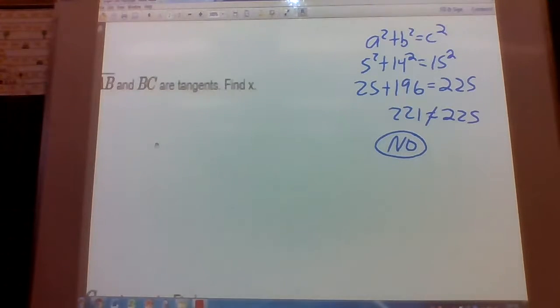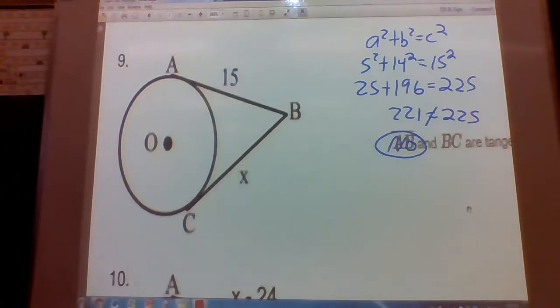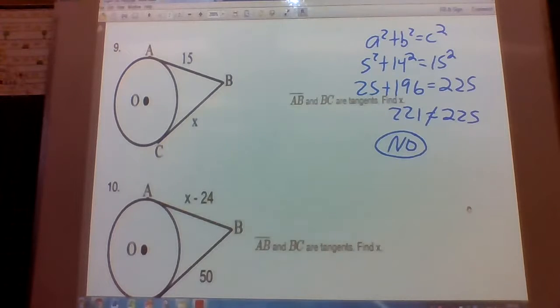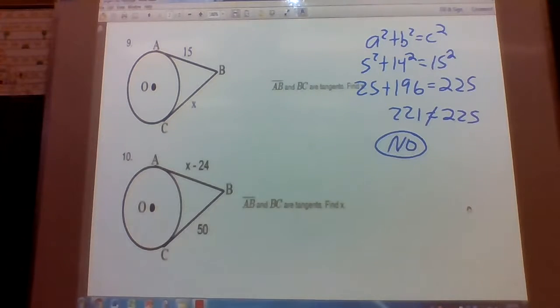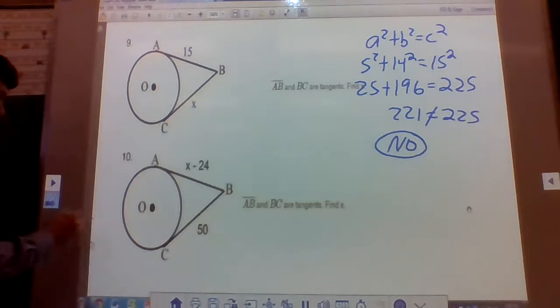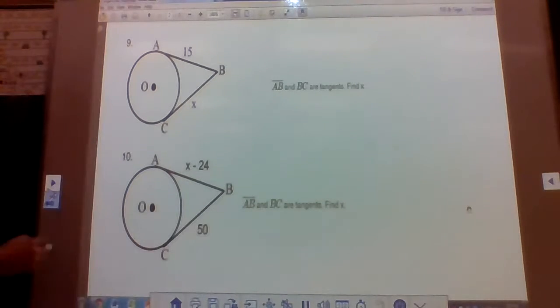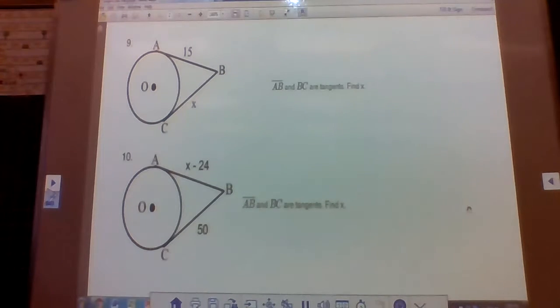Okay, last two we're going to do are 9 and 10. Probably zoom out a little here. 9 and 10, we're utilizing the second theorem. The second theorem says that if you have two segments that are tangent to the circle and meet at an exterior point, those segments are going to be congruent.